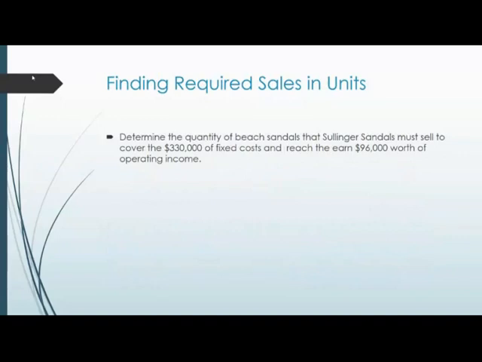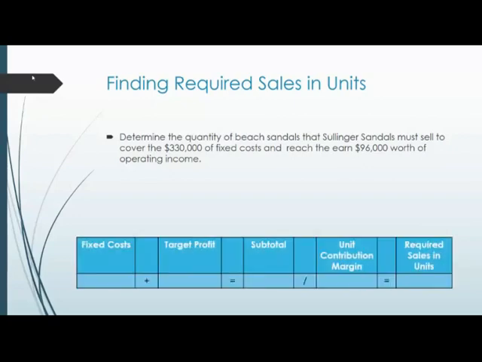So let's find our required sales in units. We have $330,000 worth of fixed costs we have to cover. We still want to have $96,000 in operating income. Well, even though our inputs have changed, we can still use the same exact formula. So let's take our new fixed cost of $330,000, add to it our target operating income of $96,000.